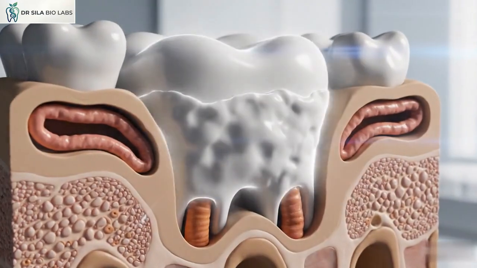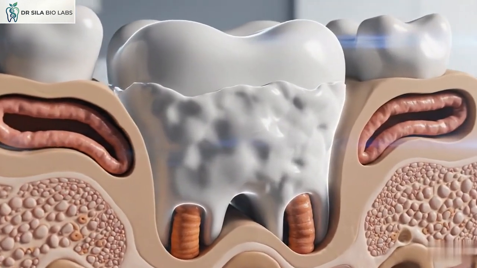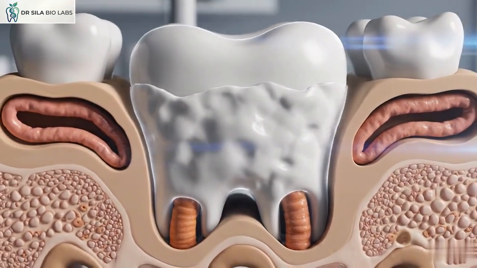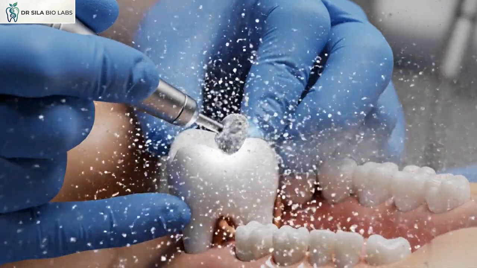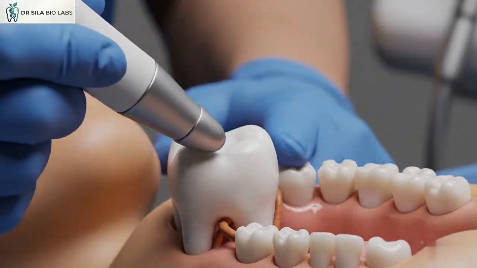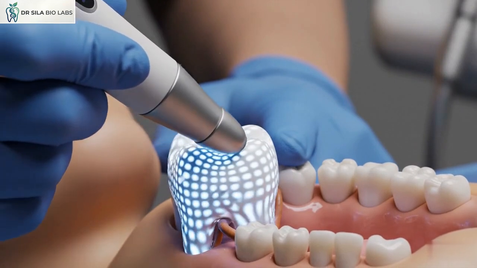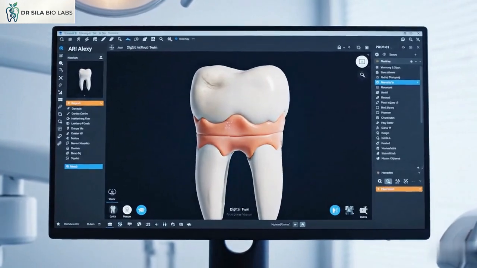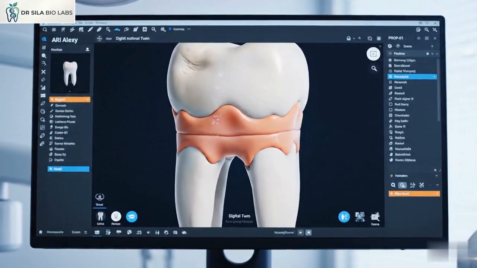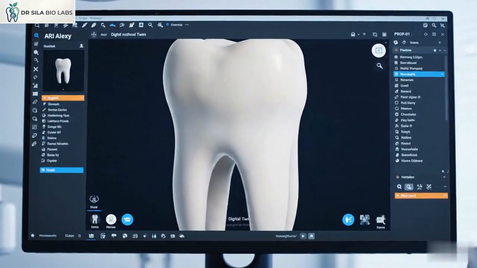In many cases, especially for molars, a dental crown is recommended to provide long-term protection. The intraoral scanner captures thousands of data points, creating a precise digital impression of the prepared tooth.